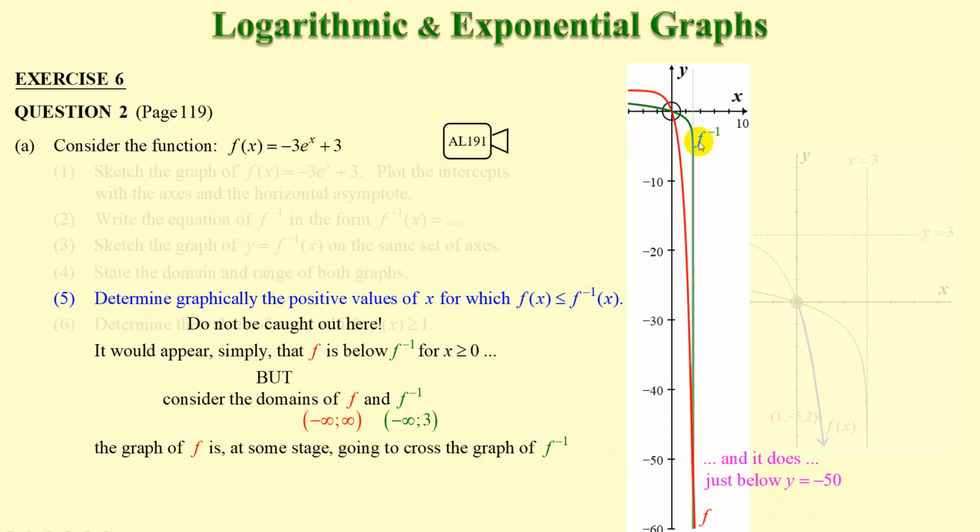Here I've gone to a smaller scale, and you'll see way down here somewhere, just below minus 50, the f graph crosses the f minus 1 graph again.